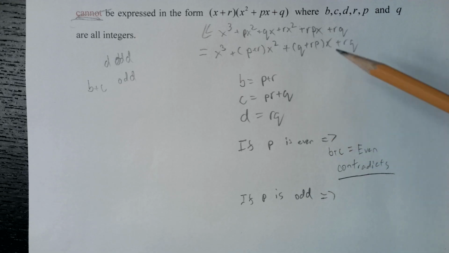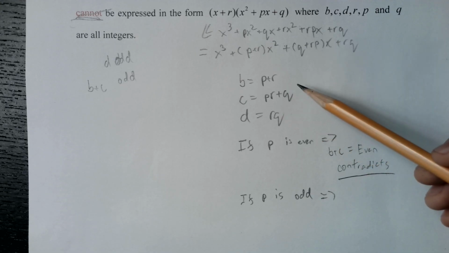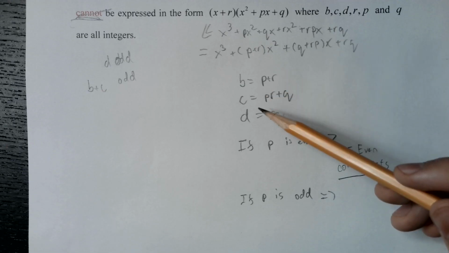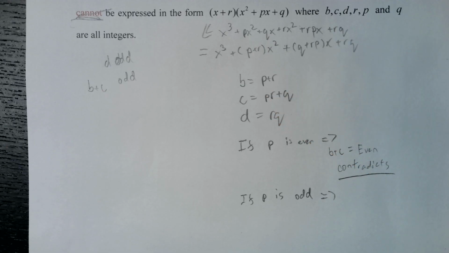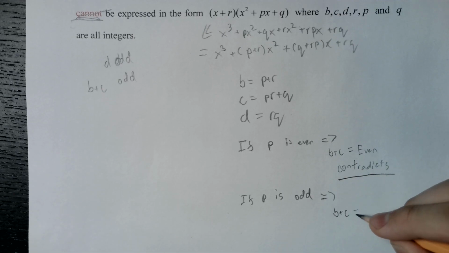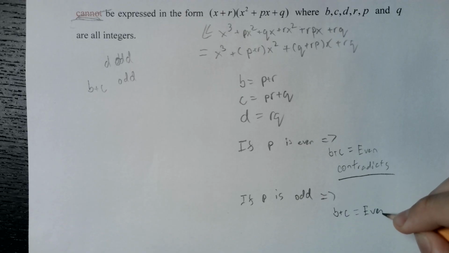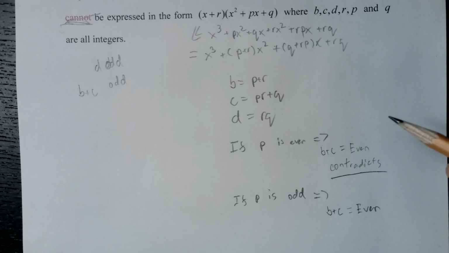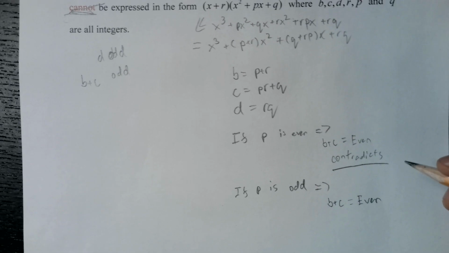And since q is also odd, an odd number plus an odd number is an even number. So b and c are now both even, and obviously two even numbers added together, for example 2 plus 4 equals 6, is still going to be an even number. And this means that, as I said before, this contradicts our previous statement.